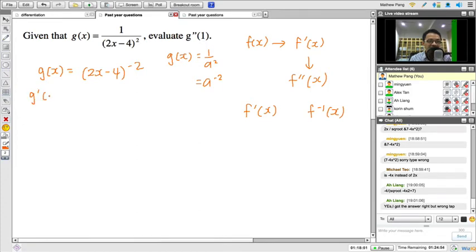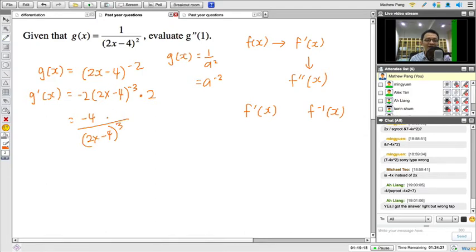I put a 1 dot for it. So you can see I move my -2 in front, and then this is (2x minus 4), -2 minus 1, -3. I differentiate inside one more time, I will get 2. This is power 1, this is power 1, I can multiply. This one becomes -4. Whole thing got power negative, right? So I can write over (2x minus 4) to the power of 3.